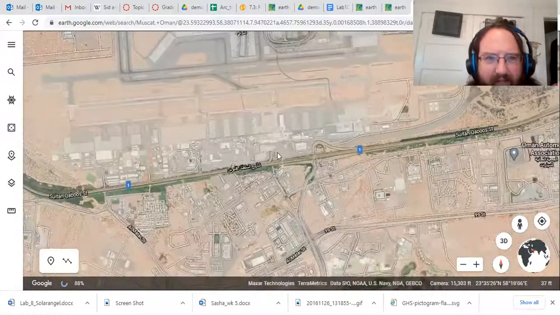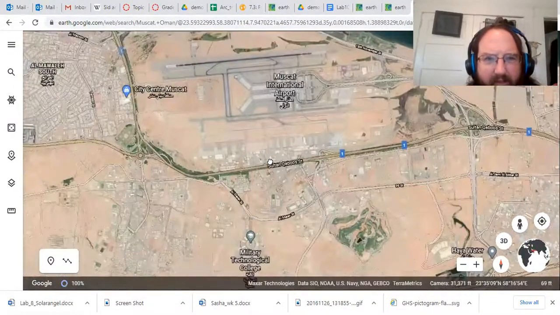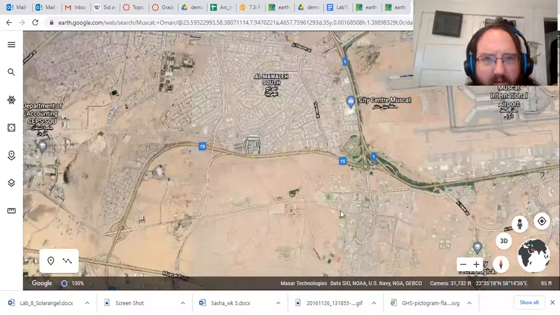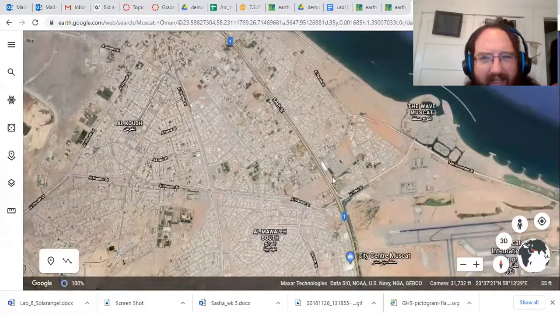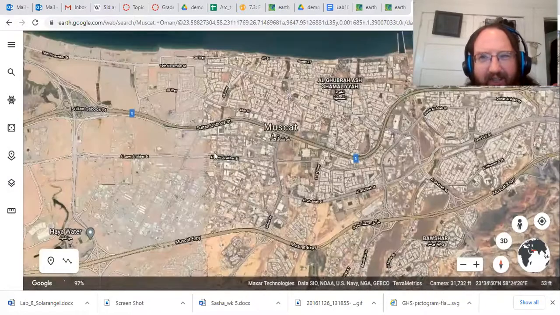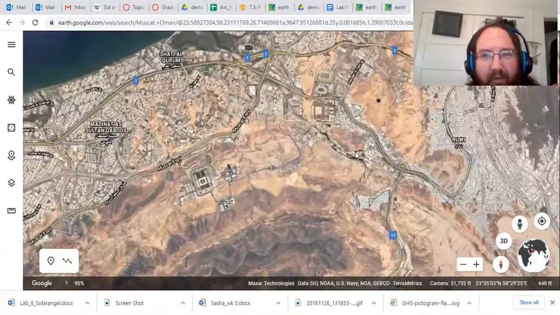let's see if I can find it. Definitely. Oh, here's the airport. And so what's cool about that is you'll notice for the Muscat one, there's almost no shadow.